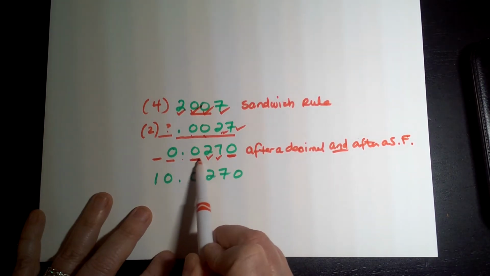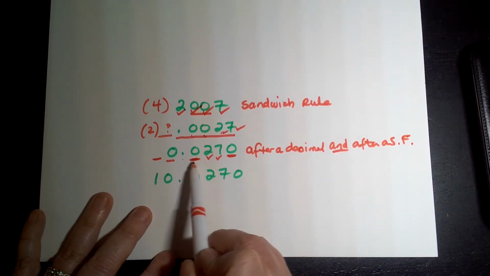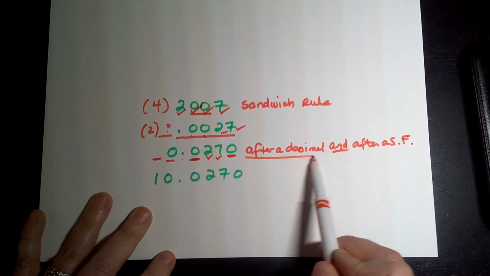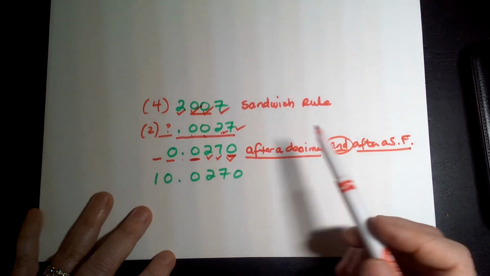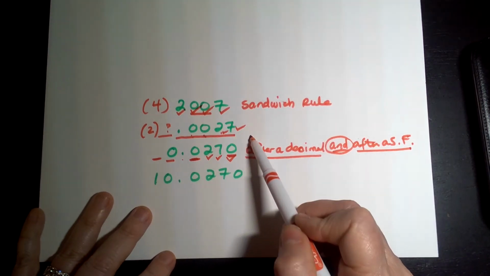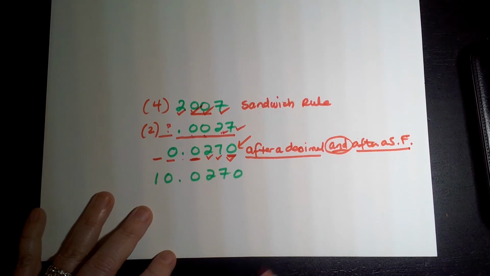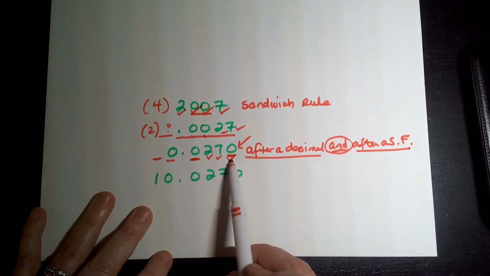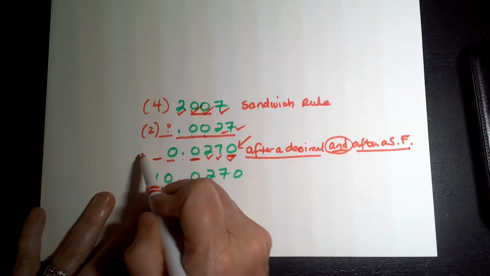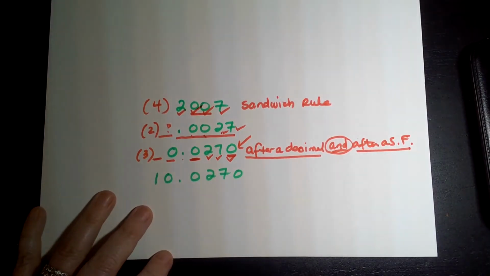All right, so this one is after the decimal, but it is not after a significant digit. So the rule is after a decimal and after a significant figure makes it also important, because that makes it look like, wow, you really, really measured that item. Instead of 0.027, you put 0.0270. So now this number has 3 significant digits.